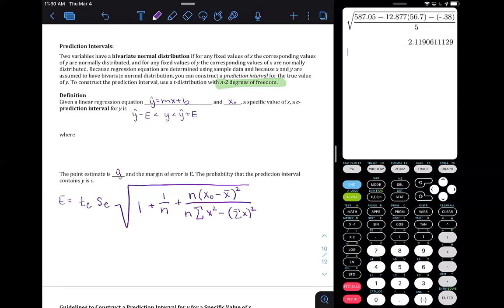Again, funky formula, but all things we've already found or will be given to us.